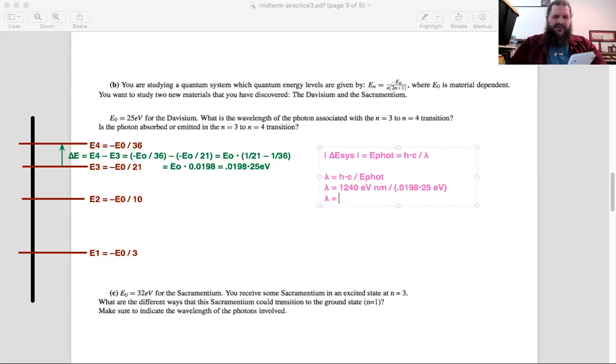So 1240 divided by 0.0198 times 25, I'm getting about 2,505. So that would be the wavelength of this light in nanometers, way beyond the visible spectrum. Not sure what kind of light that's going to be, but longer wavelength means lower frequency and lower energy. Any questions on that?